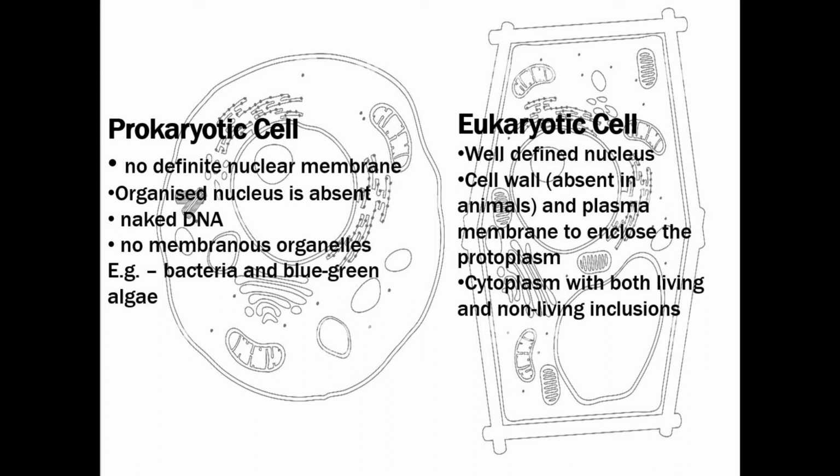So the ribosome just floats over there, and the DNA also floats over there. And lastly, no membranous organelles. As I told you, there are no such distinctive elements or organelles of a cell.